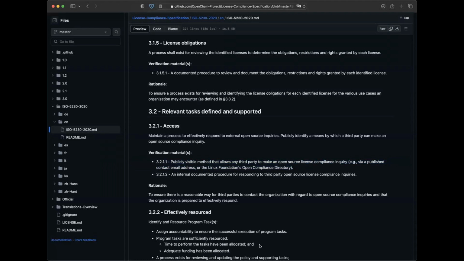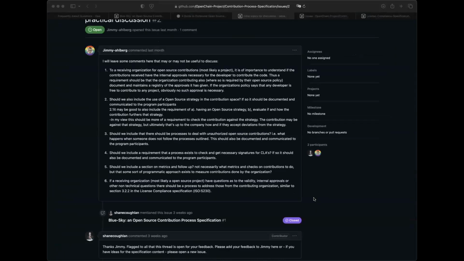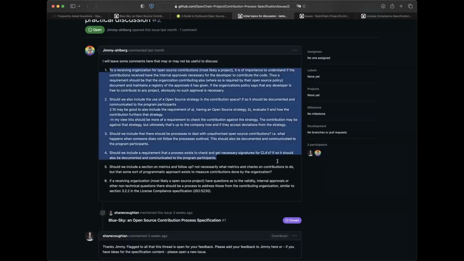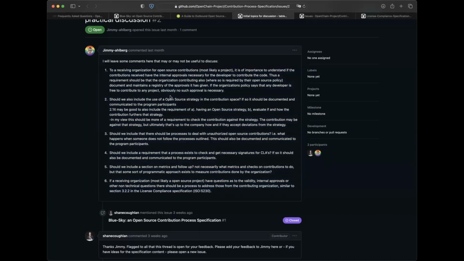And ideally what would happen is that this contribution spec would set the framework and the tone, so that you know that if company A is contributing to projects and is standard conformant, they use this standard, they'll have these various things in place. They'll have a policy. Assuming we decided to include all of Jimmy's suggestions, we'd know that they tie their contribution to strategy.